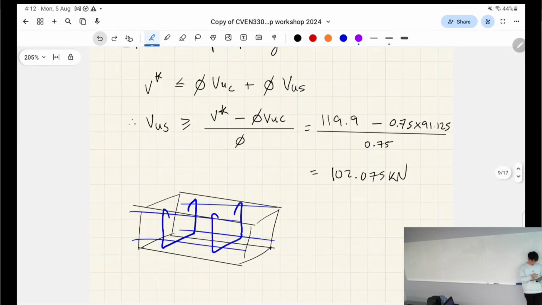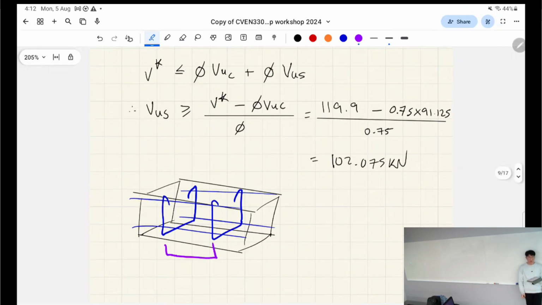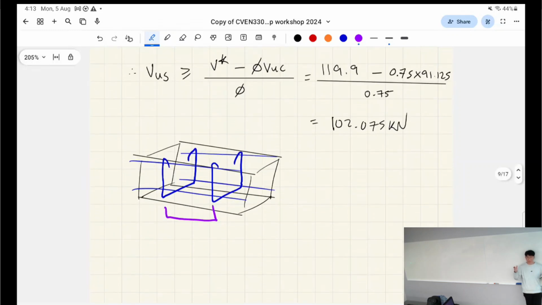So what determines essentially whether we account for the strength of the stirrup or not? Well, it's the spacing, right? We have to calculate how far apart these stirrups have to be in order to give us satisfactory strength over our entire beam.